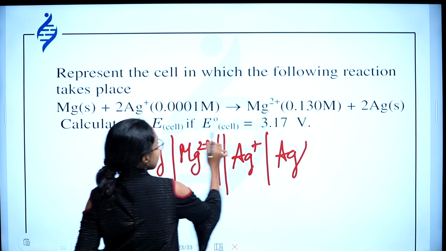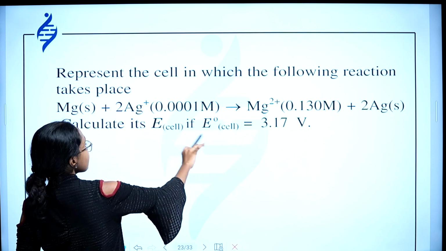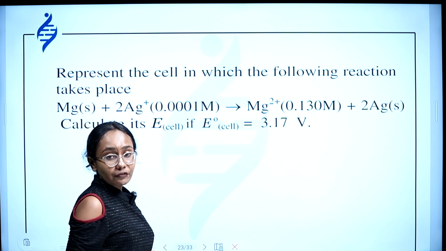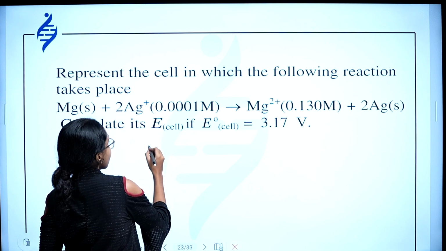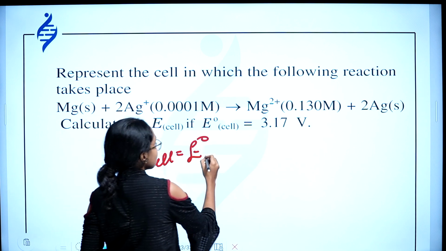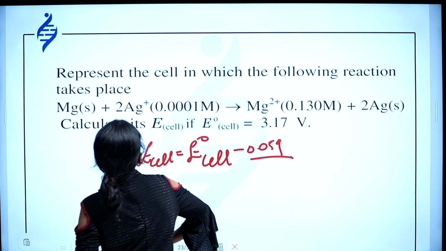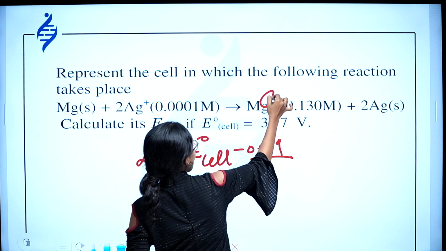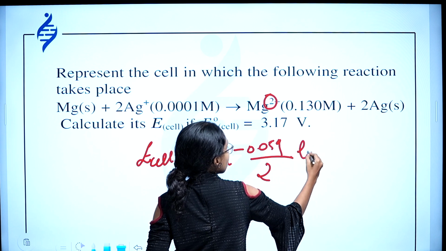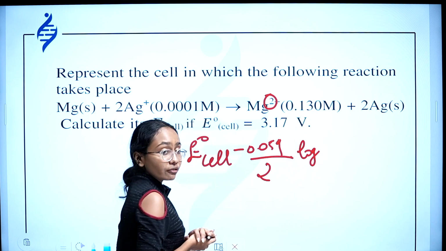Now, coming to the second part of the question. Calculate its E cell potential. How are we going to find its cell potential? Using the Nernst equation, obviously. E cell equals E naught cell minus 0.059 by n, and n is actually 2 here, log of the concentration of product divided by the concentration of reactants.